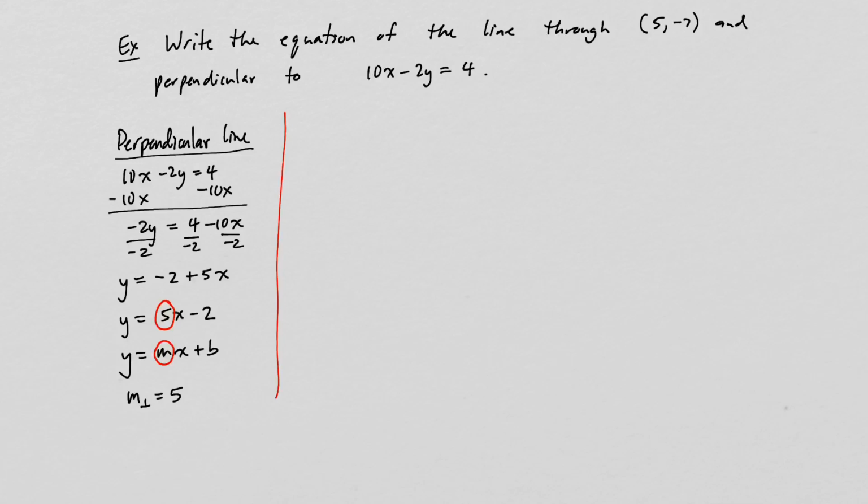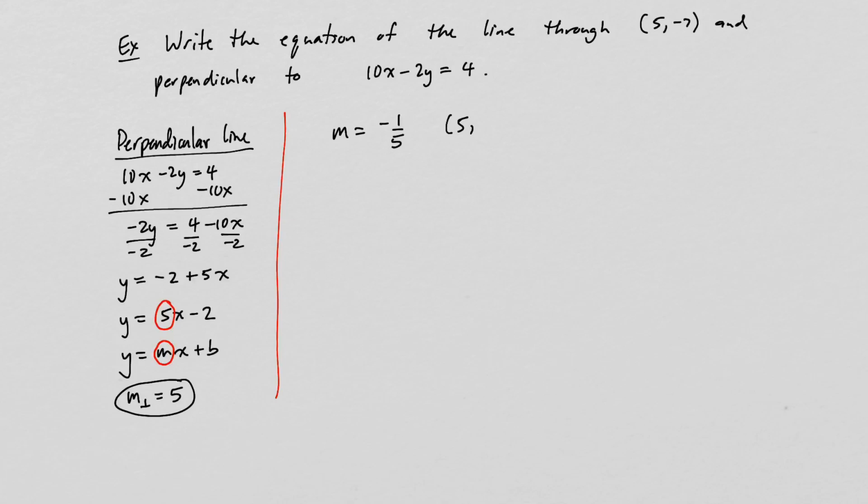We need to find the slope of our line, which is the line that goes through this point and is perpendicular to this one. So the fact that we know the slope of the perpendicular line is 5, then our slope is the negative reciprocal. And the reciprocal of 5 is 1/5, so the negative reciprocal is negative 1/5.